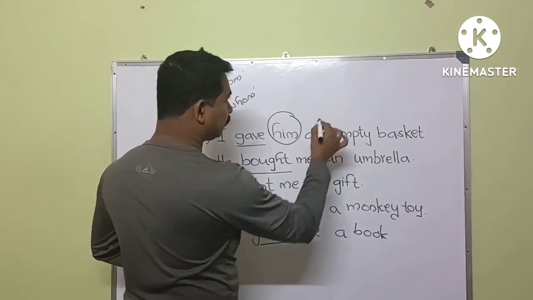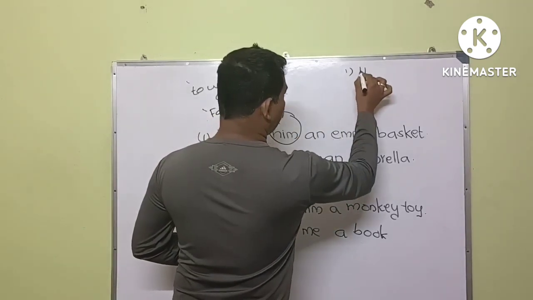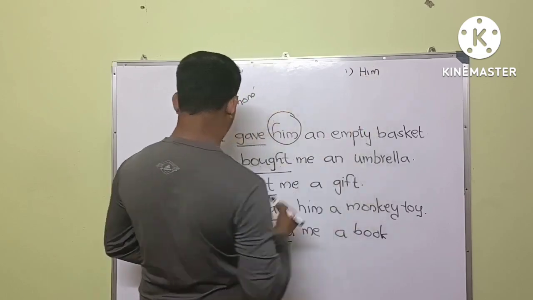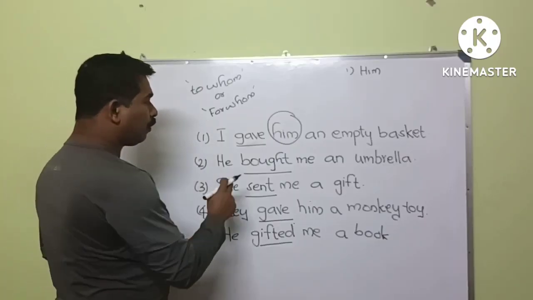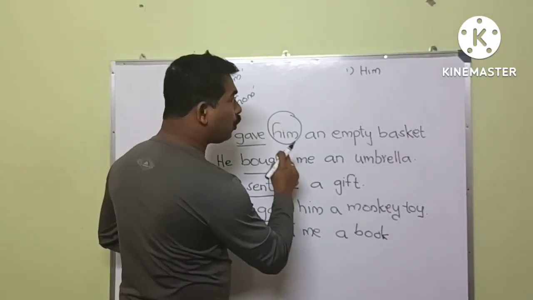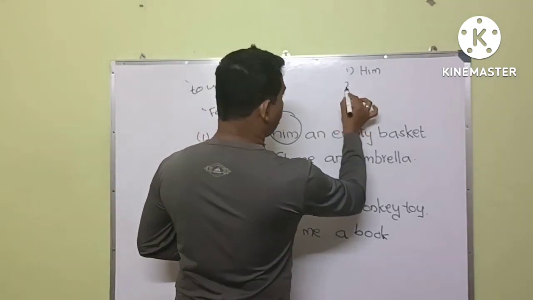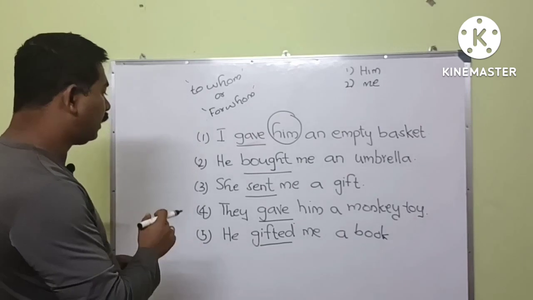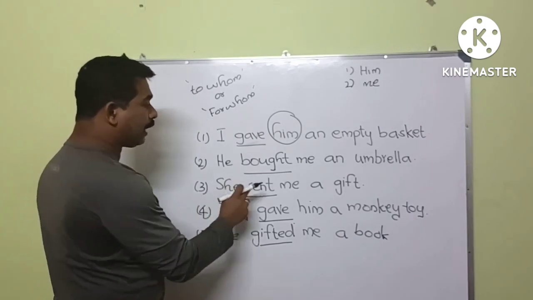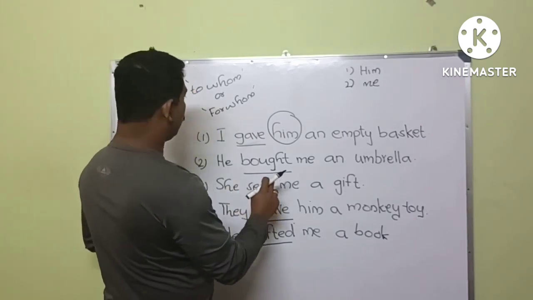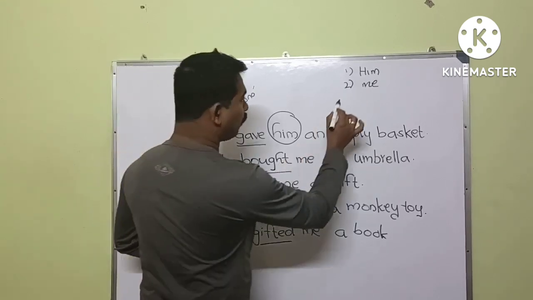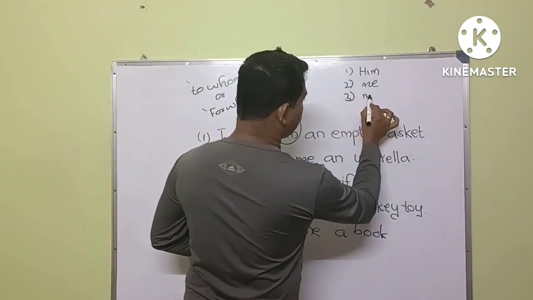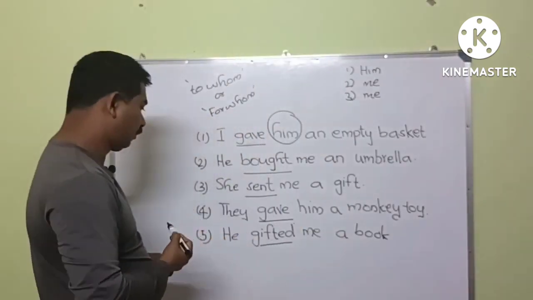Him. In the second sentence, bought to whom? Answer, me. In the third sentence, she sent for whom? Answer, me.